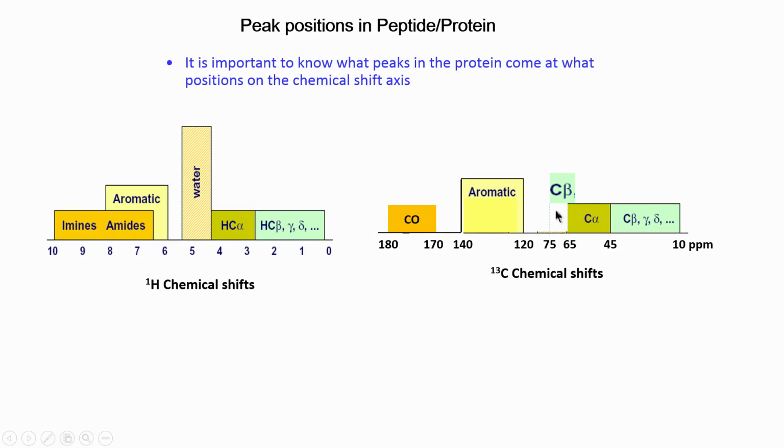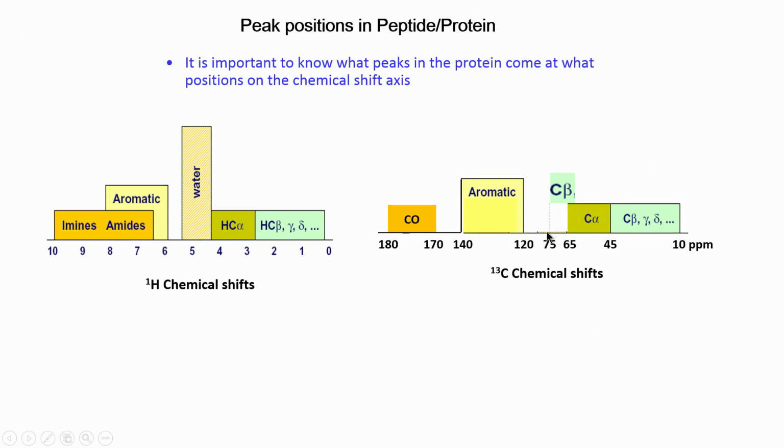Then some of the C betas, although C beta comes in this zone mainly, but two amino acids, serine and threonine, their C beta comes between 65 to 75. And why is that? Because the C beta is attached to an OH group. Because of that there is a de-shielding effect and the C beta comes in this range. Then between around 75 to 120, there is a blank region.